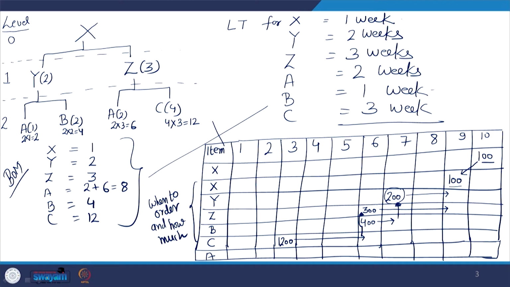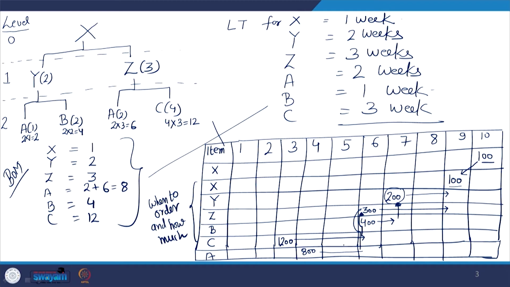So, there are two possibilities: you can give the order of all A's in the period here, so that these can be used for this particular process, and then you can have remaining A for the use of Y. Or you can divide this A in two parts, that 600 A you give order on 4th week and 200 A you give order on 5th week.